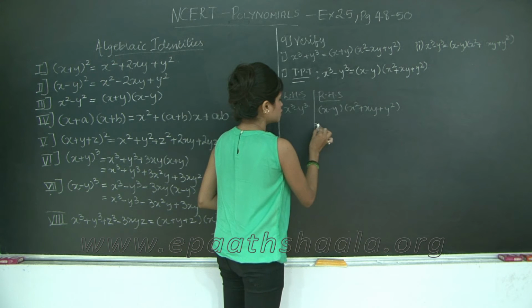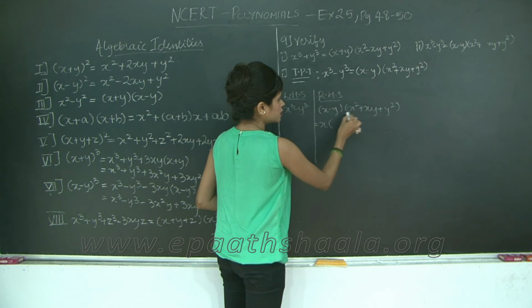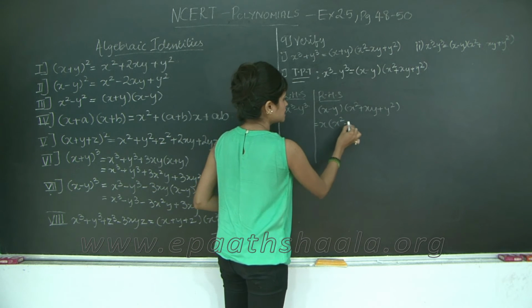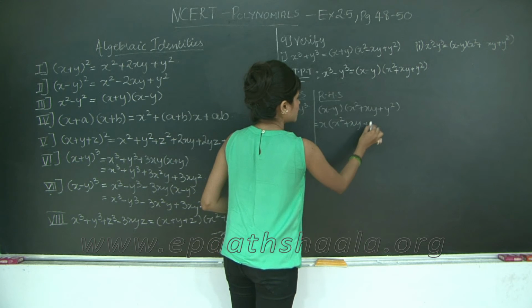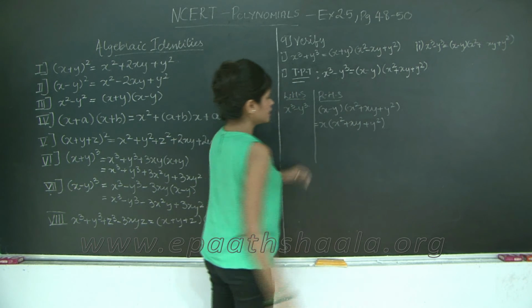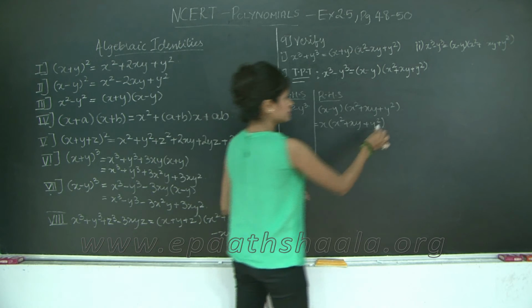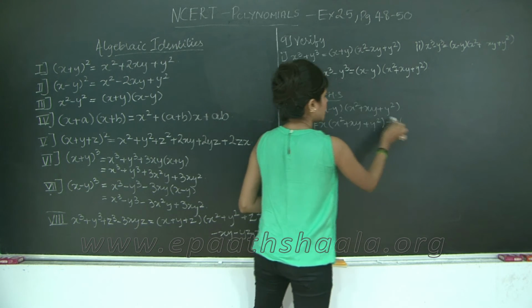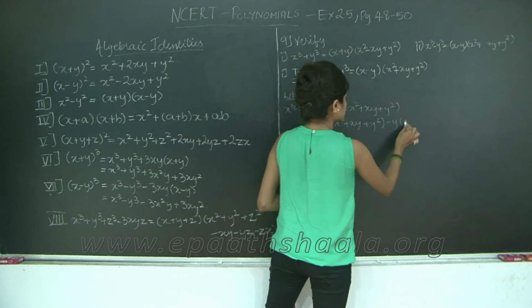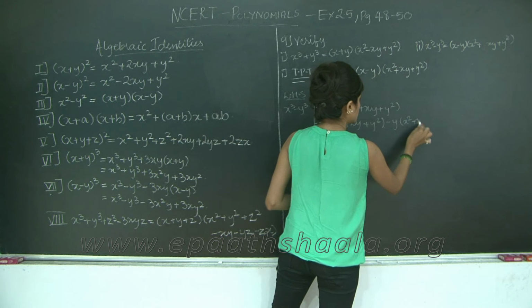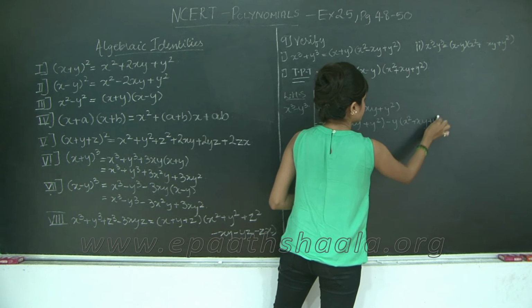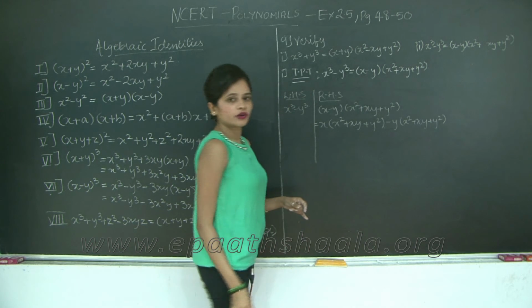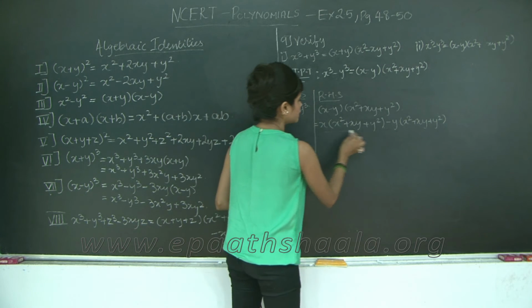So this is equal to x into this bracket, which is x square plus xy plus y square, right? And I have minus y, so I multiply minus y with the second bracket once again, which is x square plus xy plus y square, right? So let us solve this bracket first.